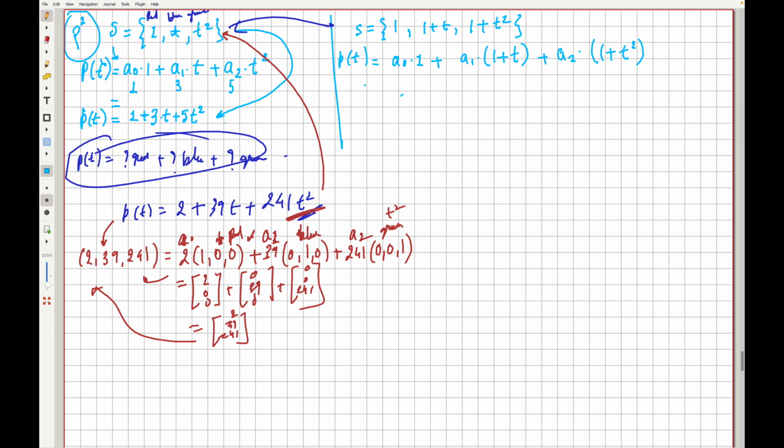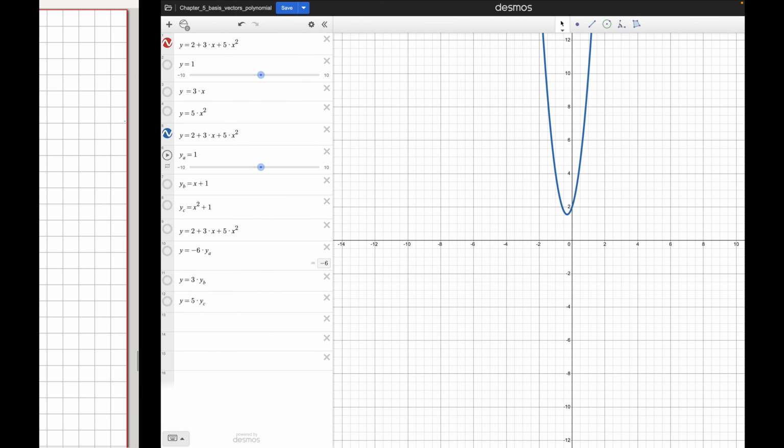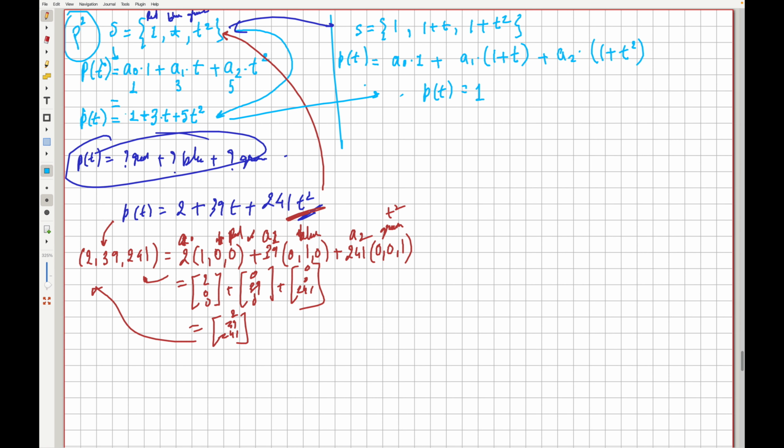Let's say we use a simple equation, p of t equal to 2 plus 3t plus 5t squared. Let me correct that, this has to be 2 and not 1. That's based on the standard basis that we just looked at.